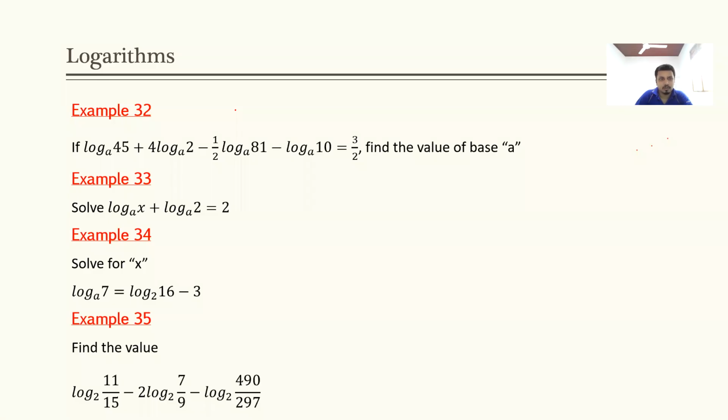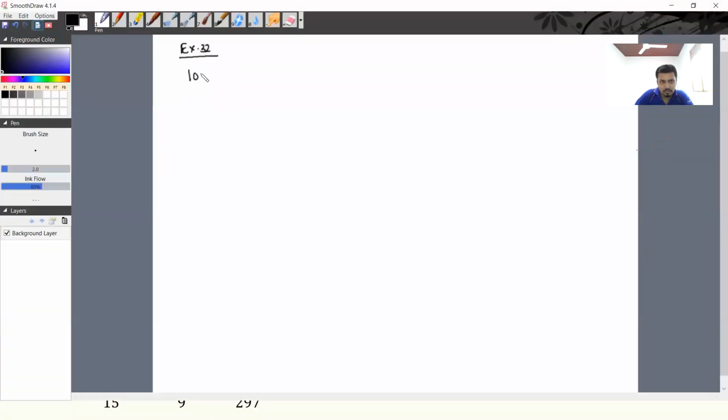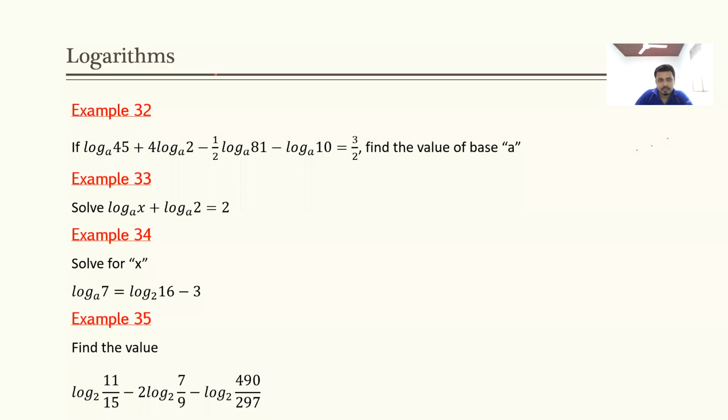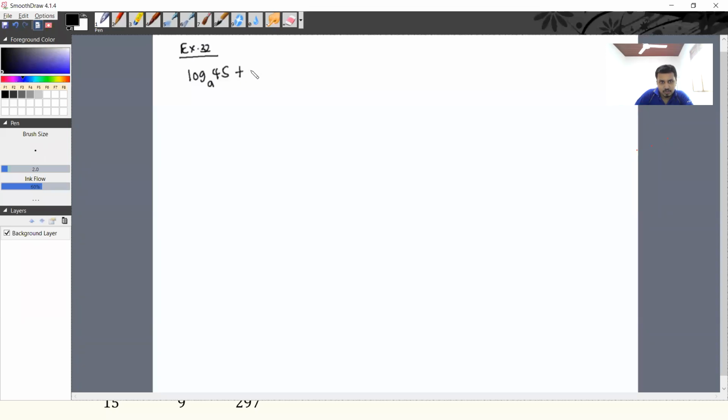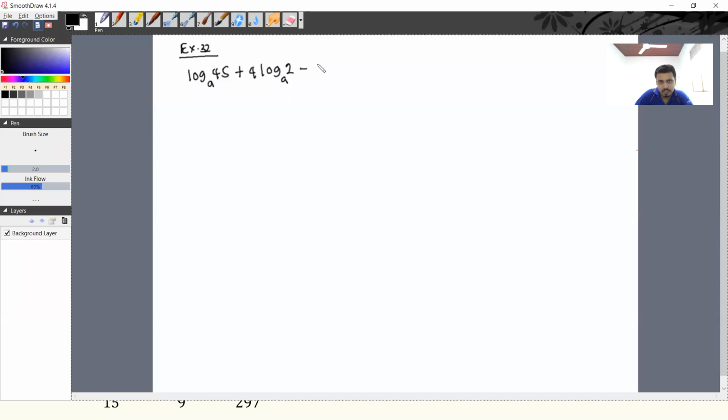They have given log of 45 to the base a plus 4 into log of 2 to the base a minus 1 over 2 into log of 81 to the base a.